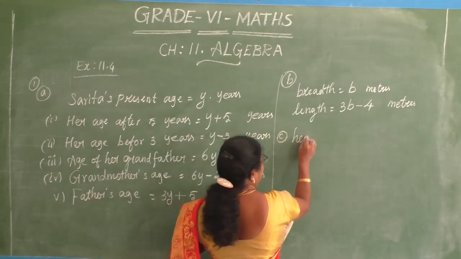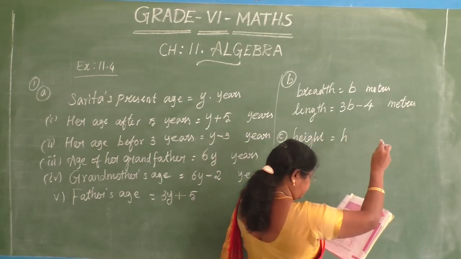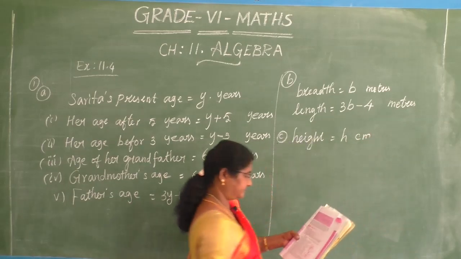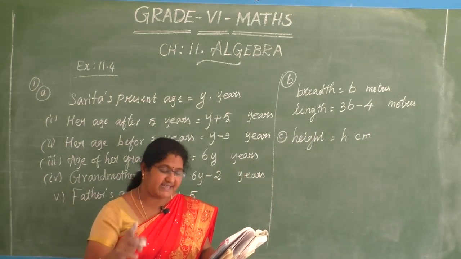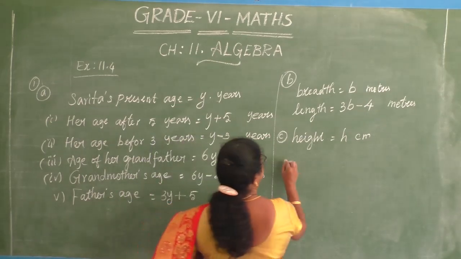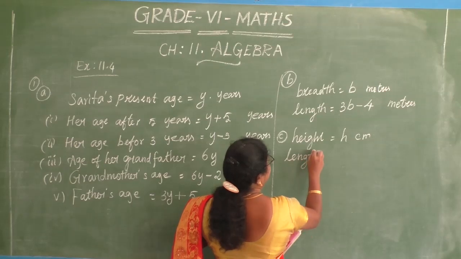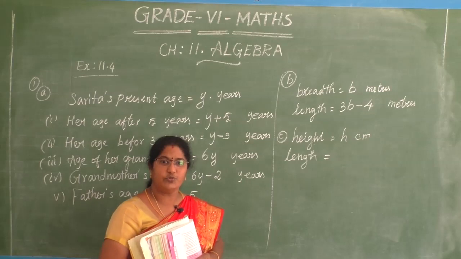So we write h centimeter. We have to write length and breadth in terms of h.